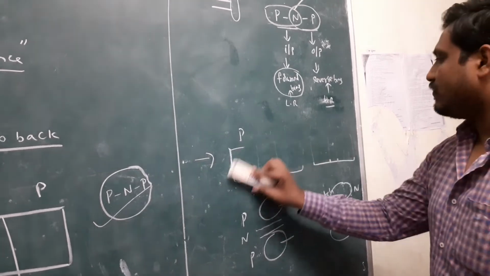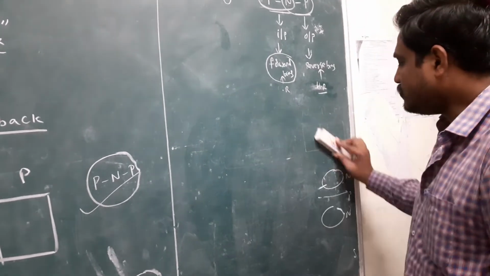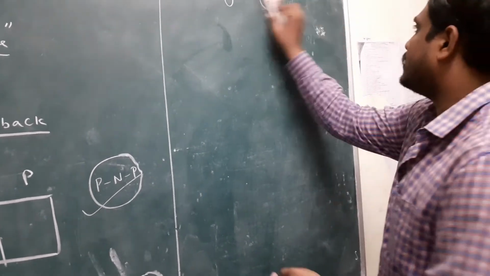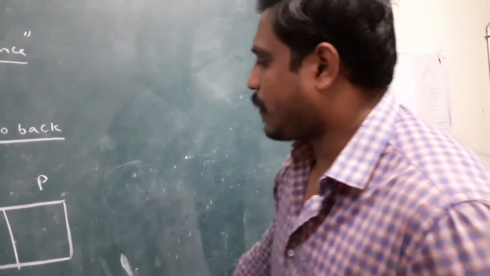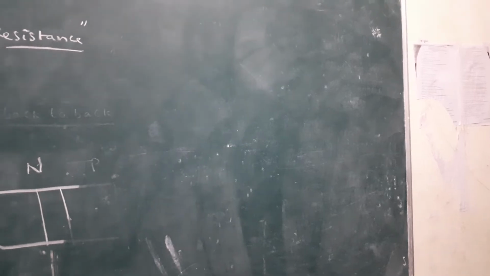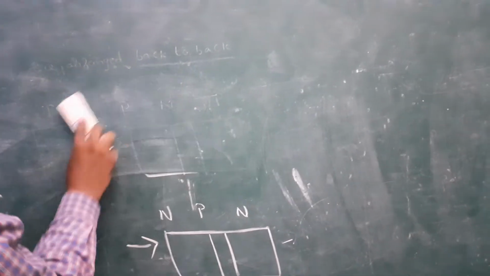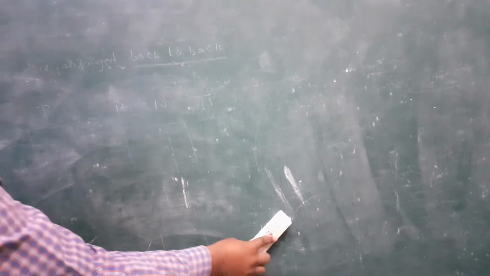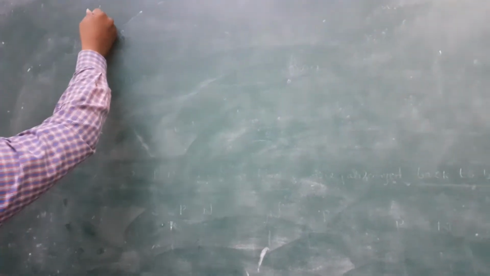Next, every transistor consists of three regions. What is the first region? Emitter. What is the second region? Base. Third region is collector.